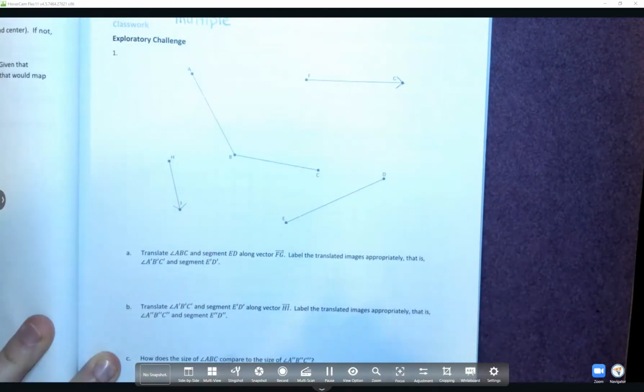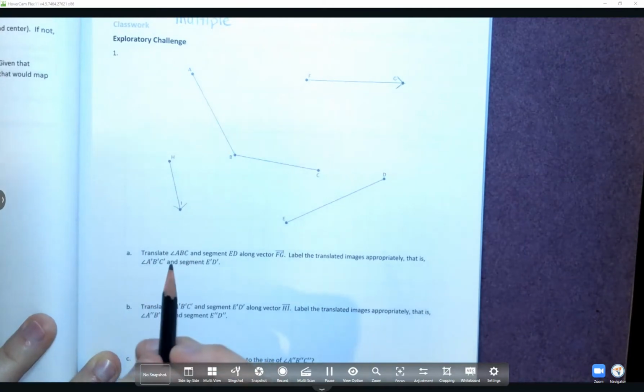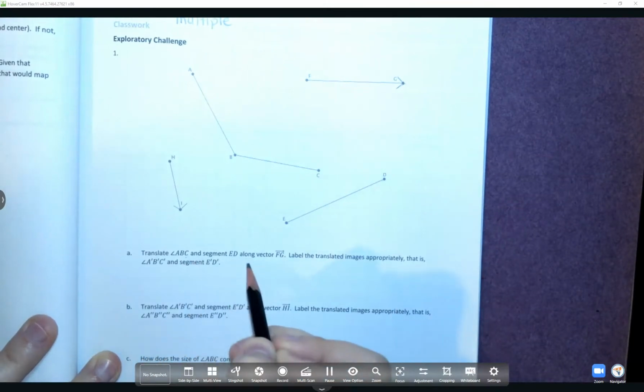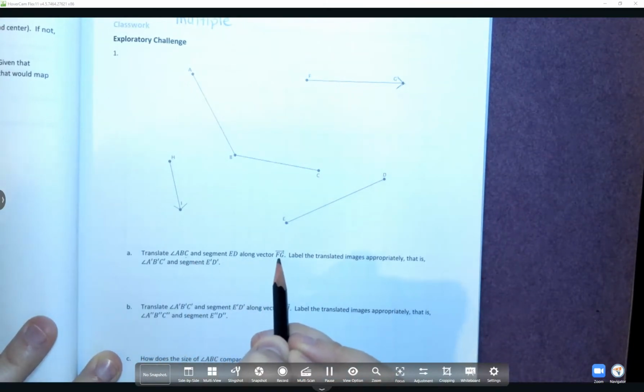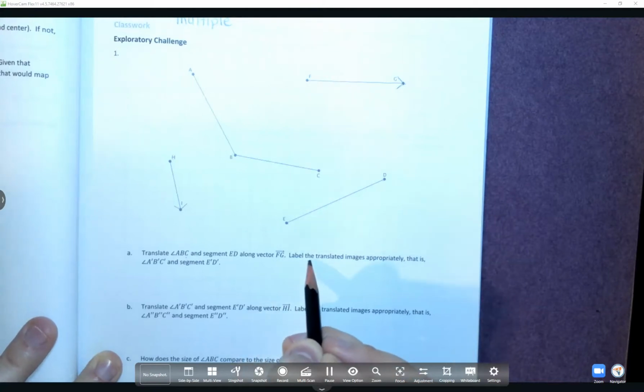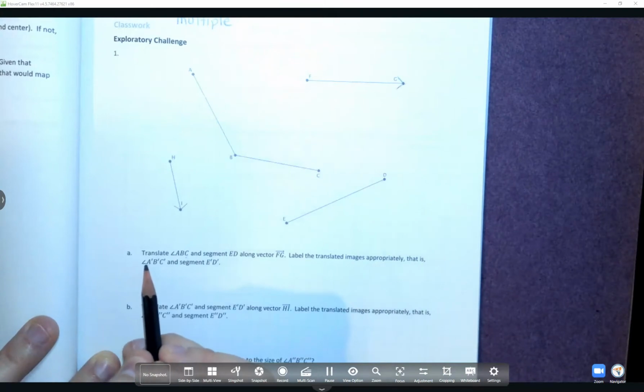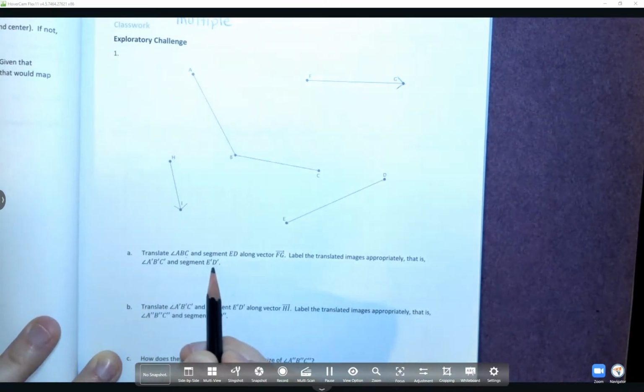This problem says, translate angle ABC and segment ED along vector FG. Label the translated images appropriately, that is, angle A prime, B prime, C prime, and segment E prime, D prime.